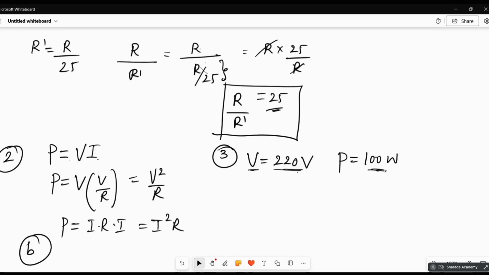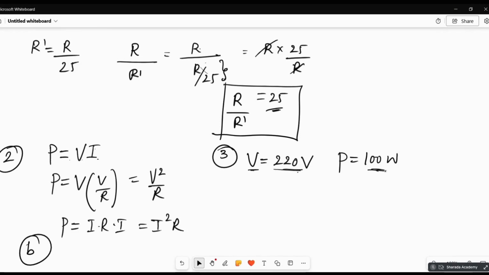Only when the length of the wire changes, or you change the bulb, will the resistance change. Here they are changing the voltage but not the setup, so the resistance will be constant.